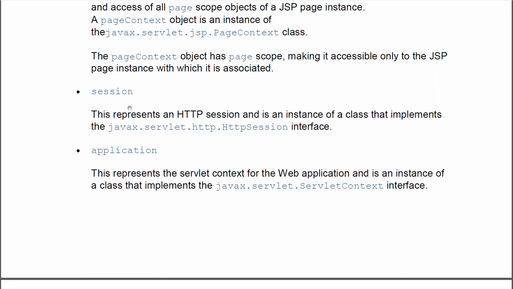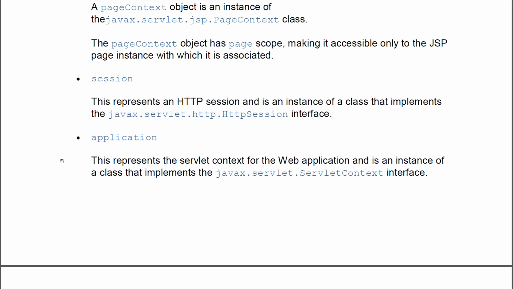Next, we have the session object. The session object will represent an HTTP session that is bound to our request, and it is of type HttpSession, which belongs to javax.servlet.http. Session and application are two of the scopes of a JSP page, and the other two scopes are page and request.